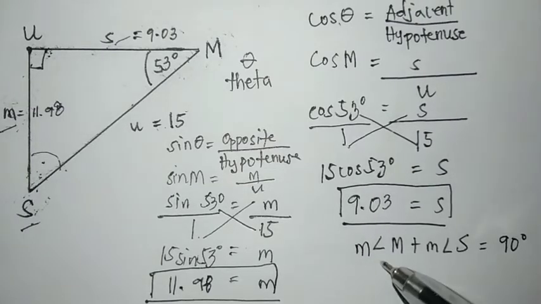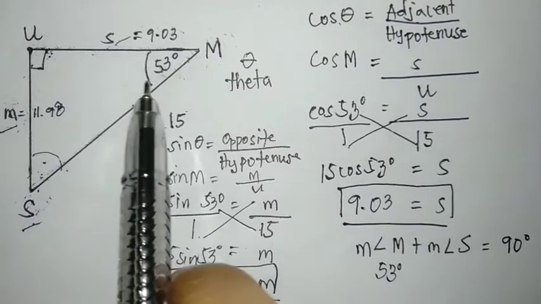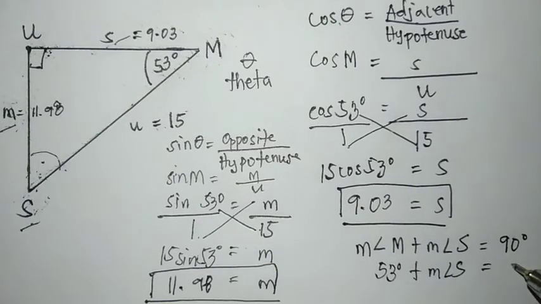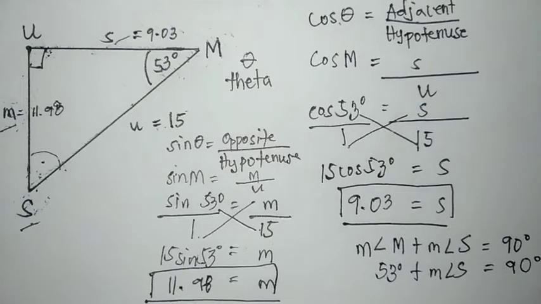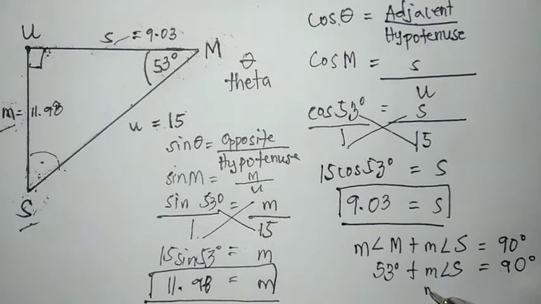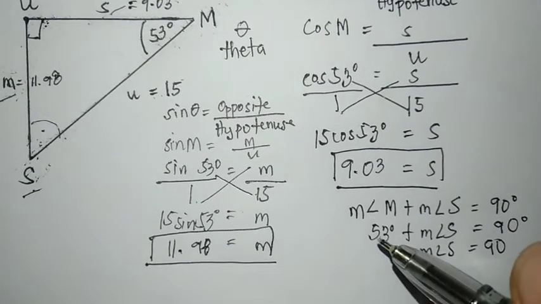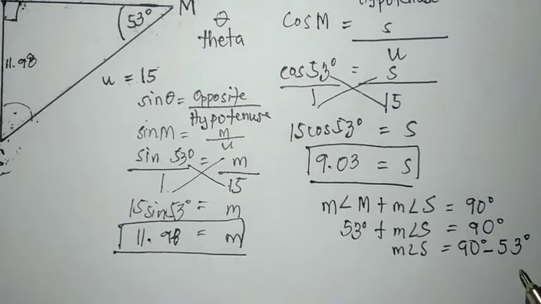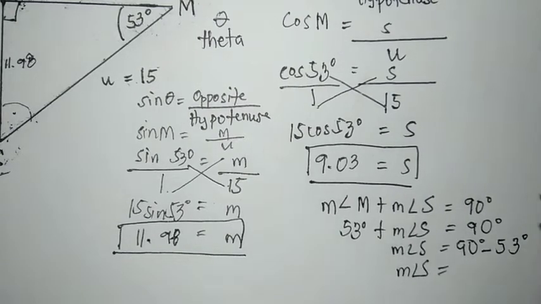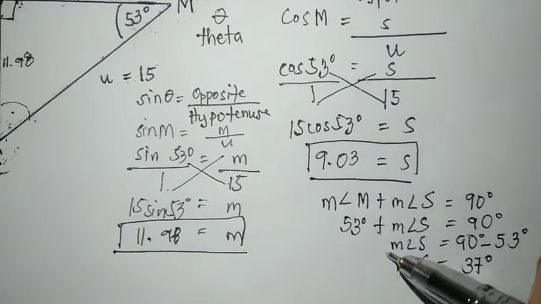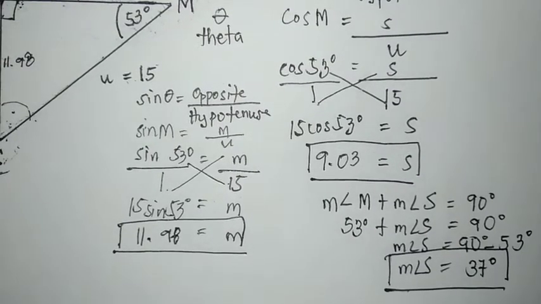So, we have 53, si angle M natin, plus measurement of angle S, kasi di pa natin siya alam, equal to 90 degrees. Next, measurement of angle S is equal to 90, transpose lang si 53, it will become negative 53 degrees. So, we have measurement of angle S is equal to 37 degrees.